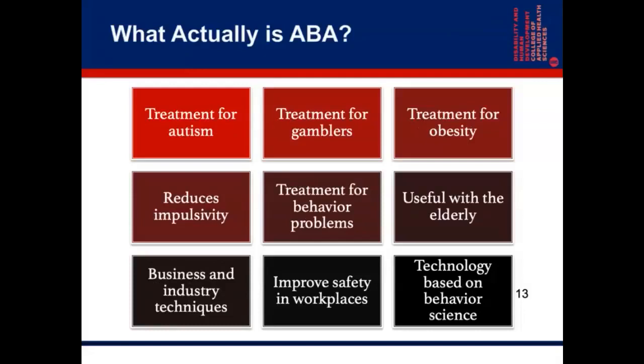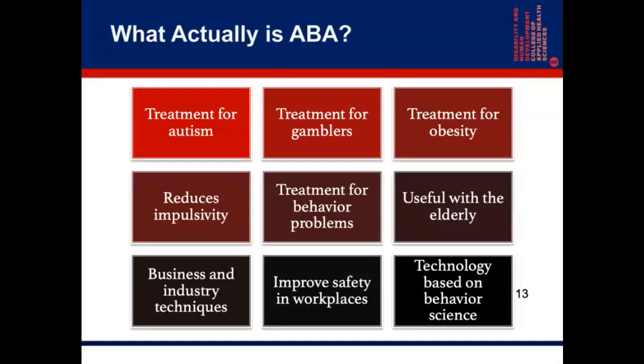So what actually is ABA? Well, this thing called ABA is more correctly described as applied behavior analysis, which is the application of the science of human behavior. And behavior science has been around for well over 100 years. And the applications of these scientific discoveries, which began in psychology departments all across our country, has led to interventions that are most commonly known for persons with autism.